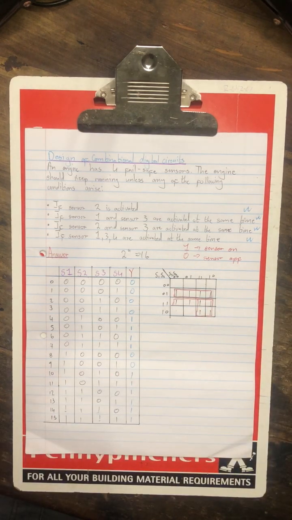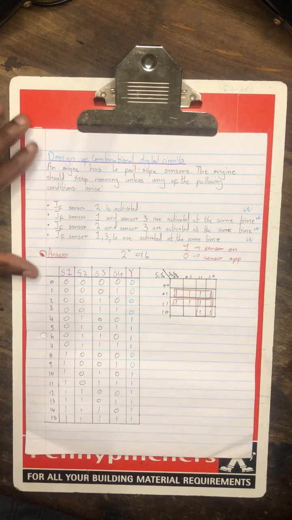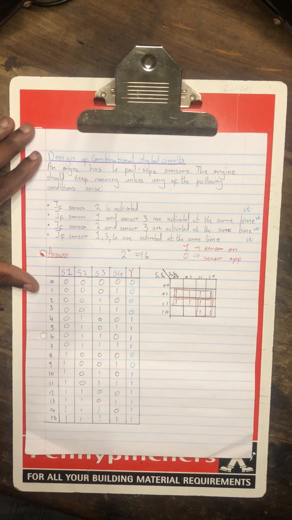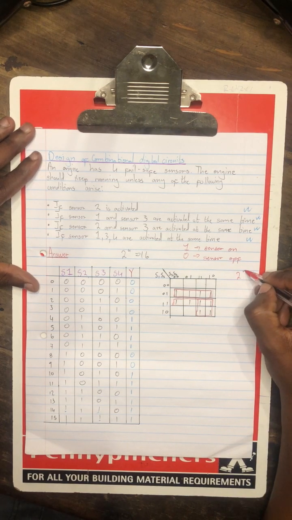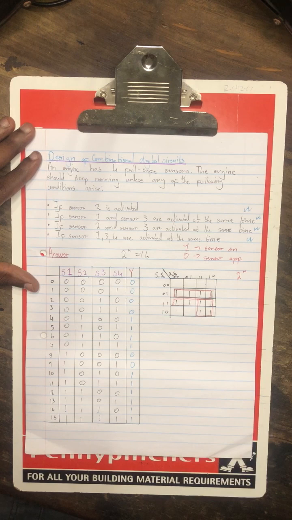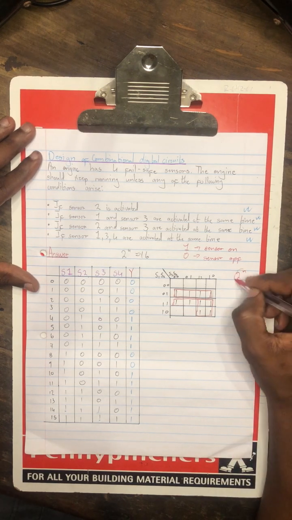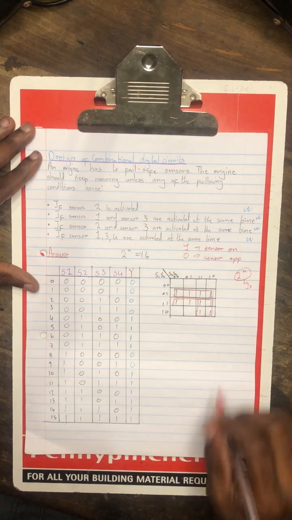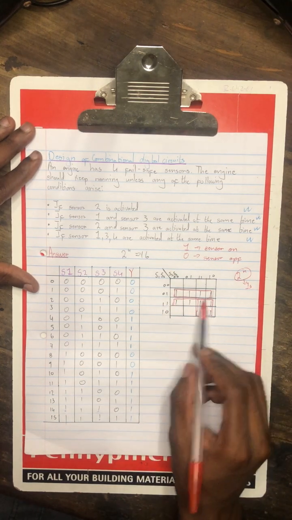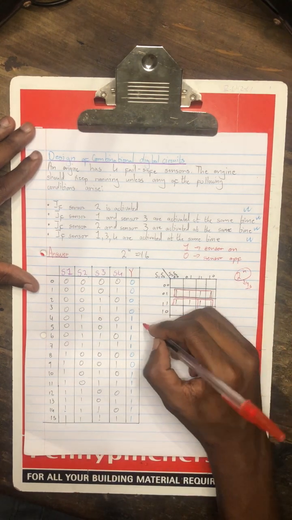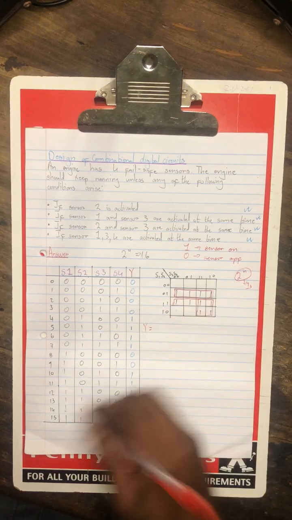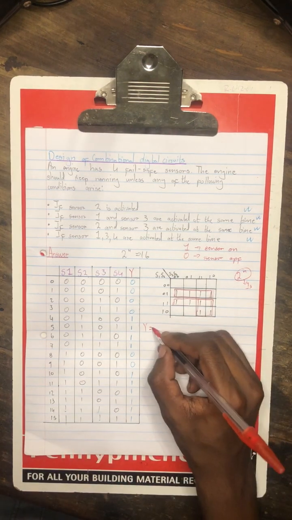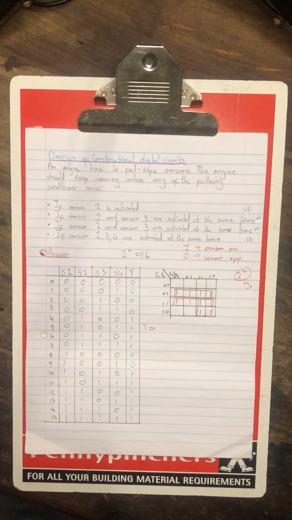In Karnaugh maps, if you want to group ones, you must group them in multiples of 2 to the power n. So that's how you group the amount of ones that you want in Karnaugh maps. So seeing that we have grouped this, we are going to write down our final Y representation.